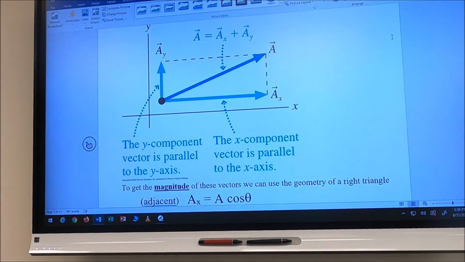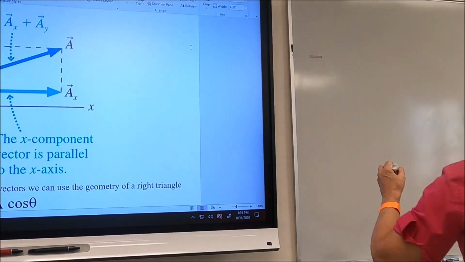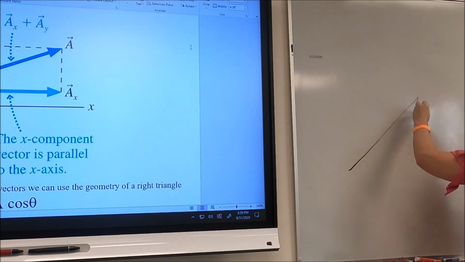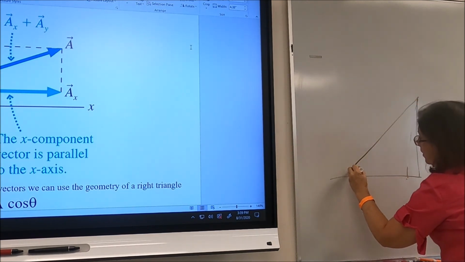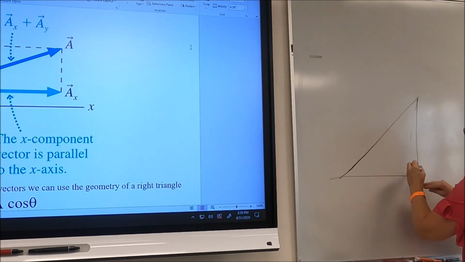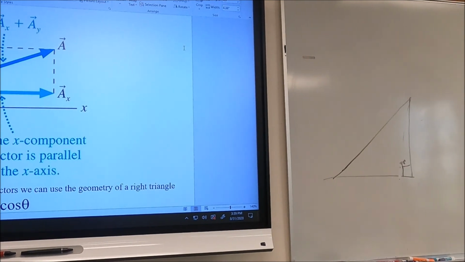Okay? Now, if we look at a right triangle here, guys, here's a right triangle. There's our 90-degree angle. Let me make sure that this is showing up on the screen so that you're getting it.